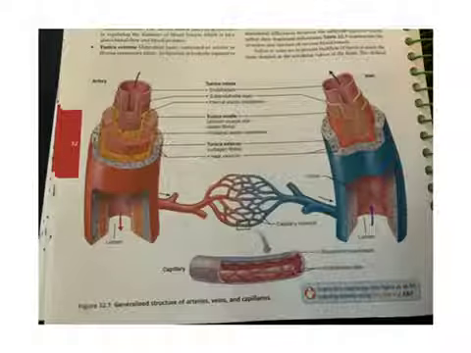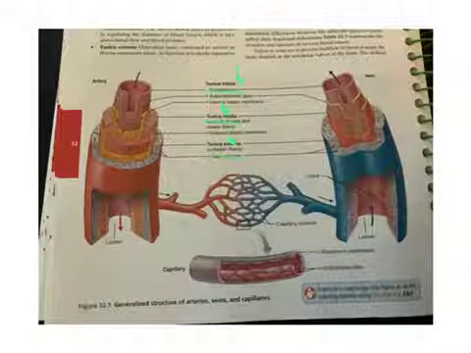if you look at the vessels, they're all going to have one of three layers. The internal layer is called the tunica intima. This is simple squamous epithelium. The media is the middle layer. It's the muscle layer. And then the external you're going to find only on the large vessels to help brace them in place.